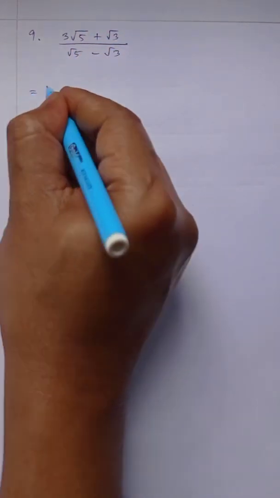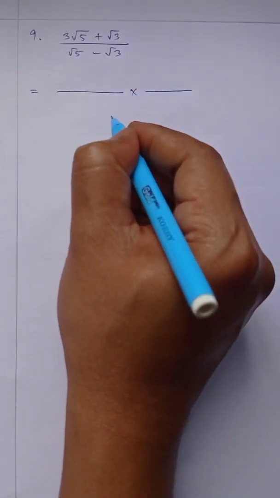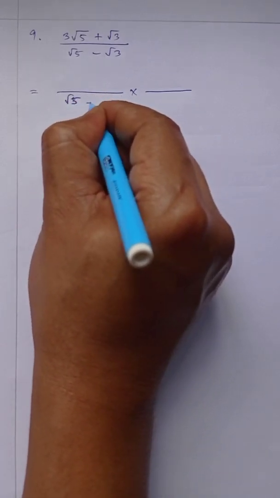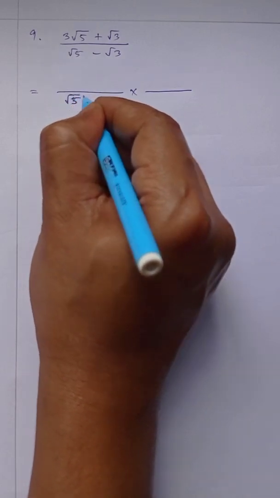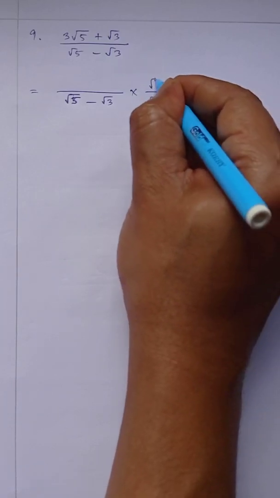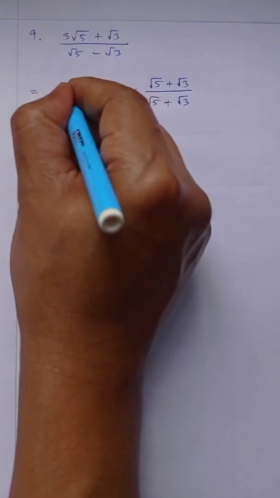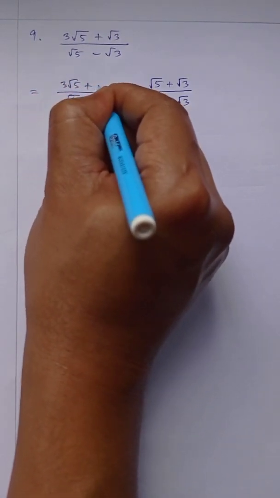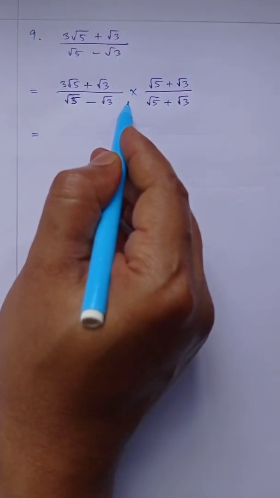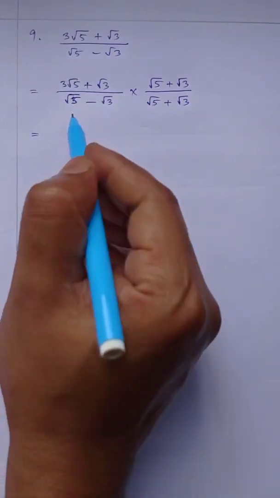To solve this, as I have already said, we will be multiplying and dividing it with a number which is opposite to this, and the same thing will be repeated up here. Whatever is on this side, it does not matter much. This is your question. We have multiplied and divided it with the same number which is opposite to this.